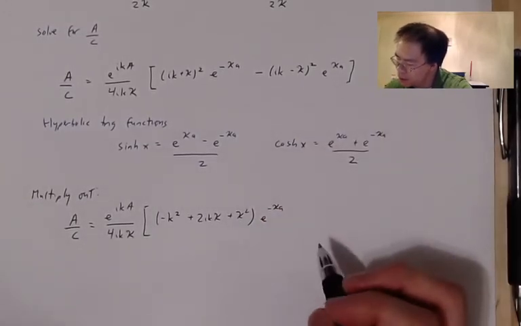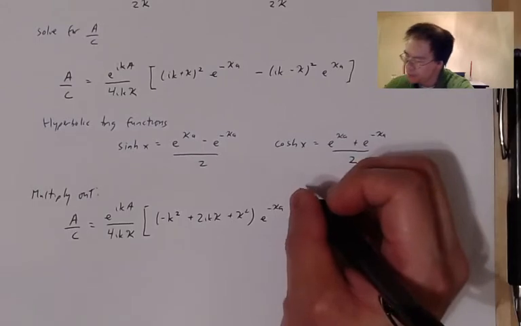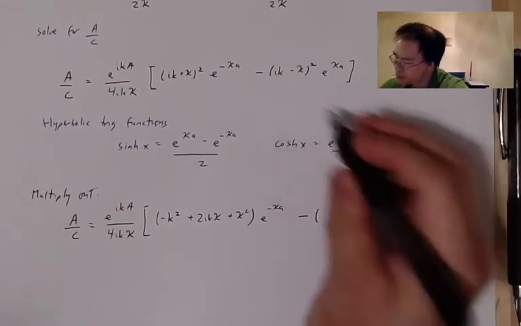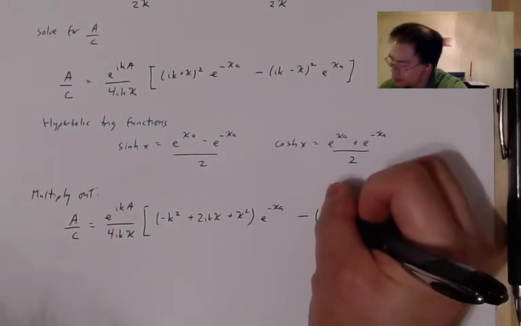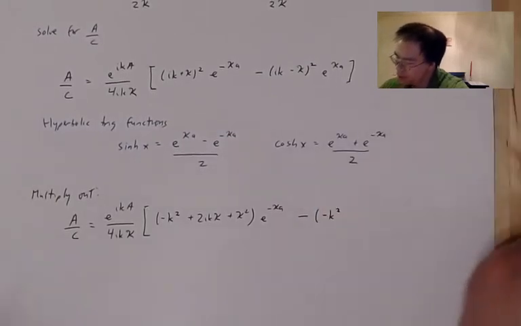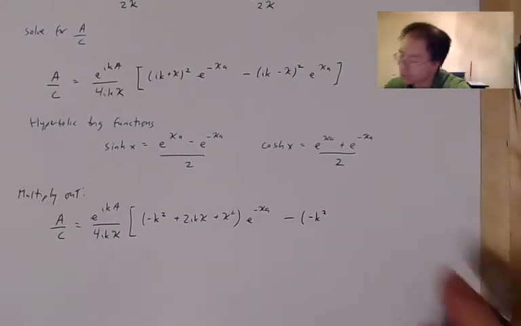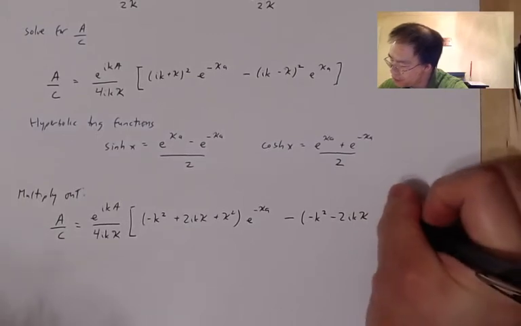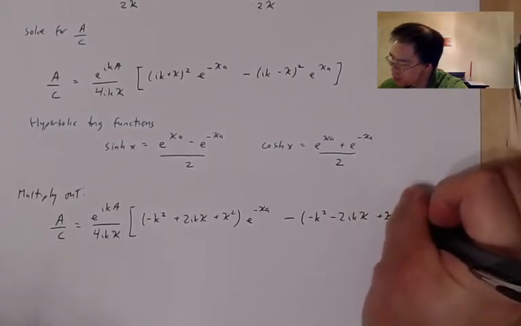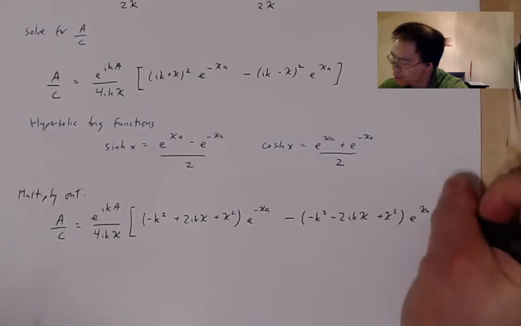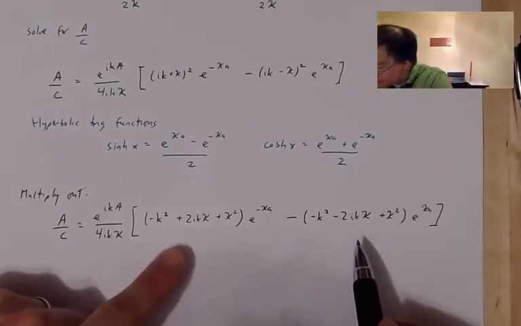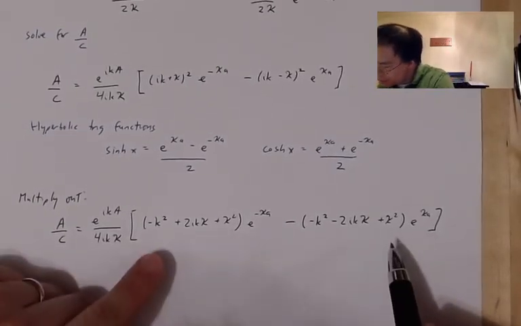Then here I have minus, okay, let's multiply this out. I have minus minus k squared again. The only thing that's different is the cross term. This time I have a minus 2ik kappa plus kappa squared times e to the kappa a. Okay. So let's look carefully, right?